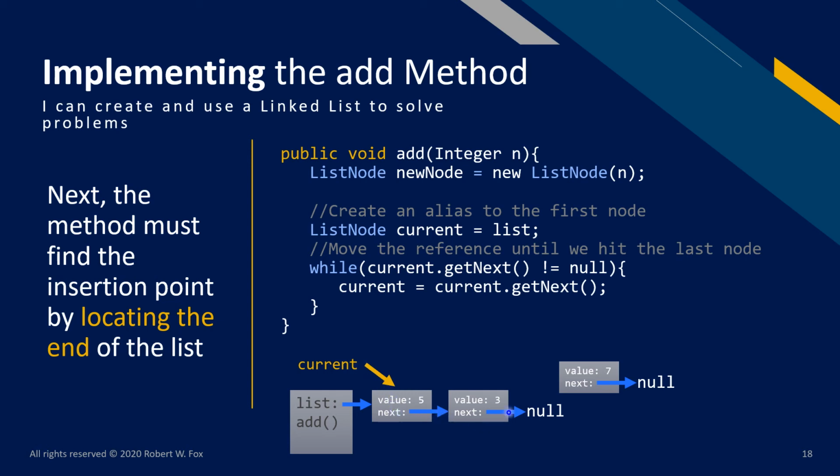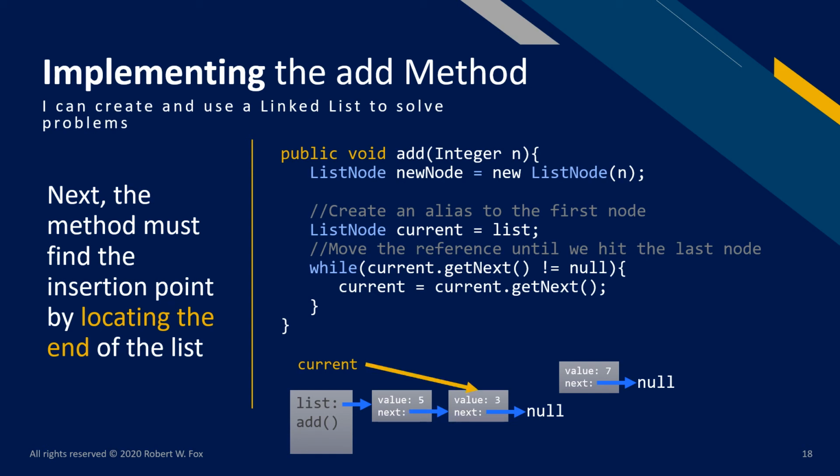Current.getNext means this node right here. It is true that that does not equal null. So we're going to go into our loop, and the only line of code in the loop changes current. It says current equals current.getNext. So current is going to change to the next element, and we see that happen.